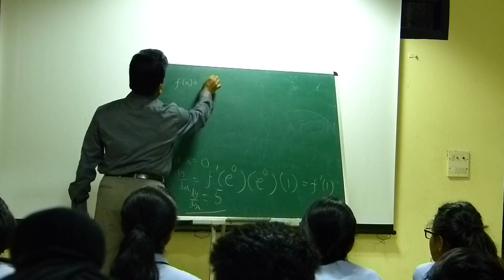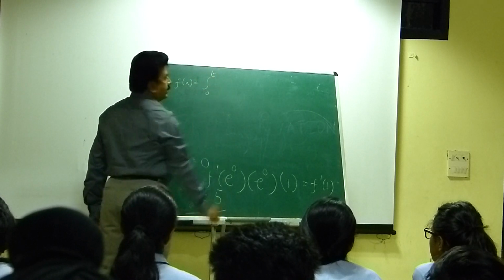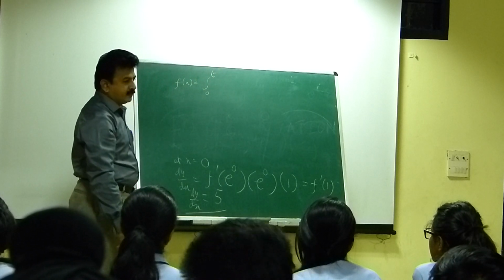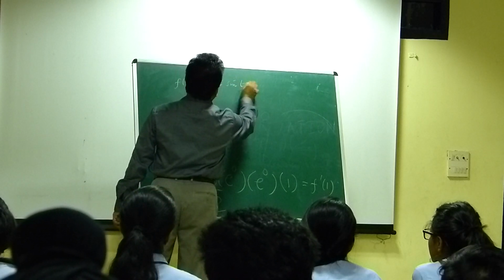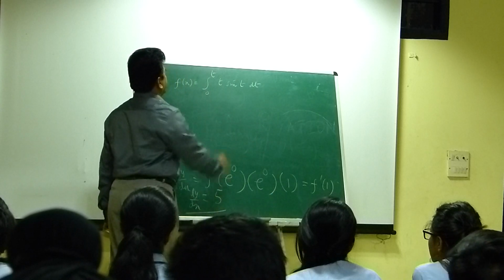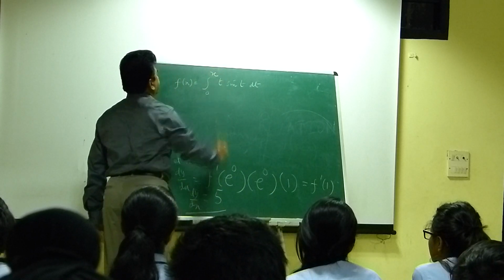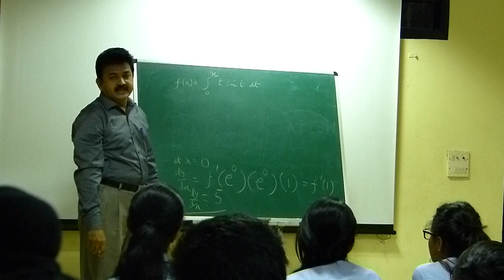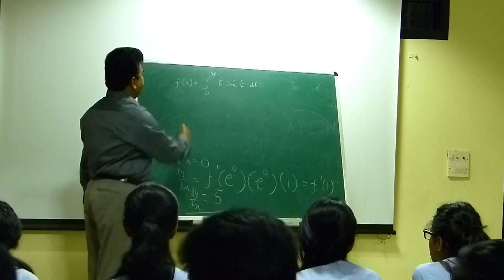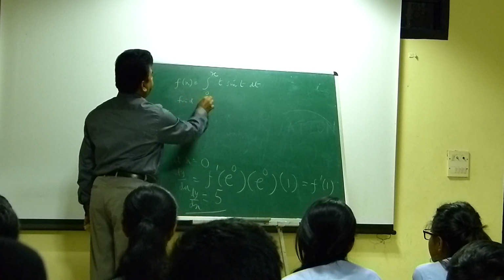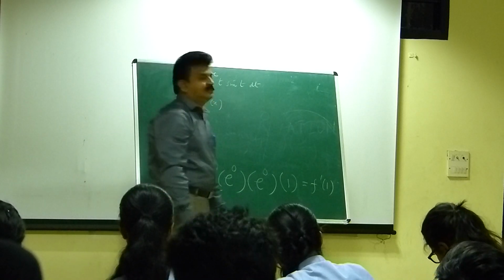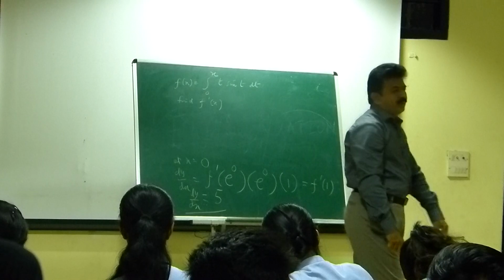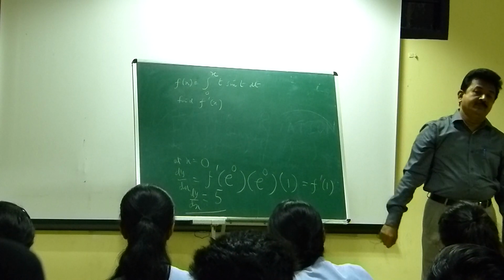F of x is equal to integral 0 to x of t sin t dt. The question is find f dash of x.